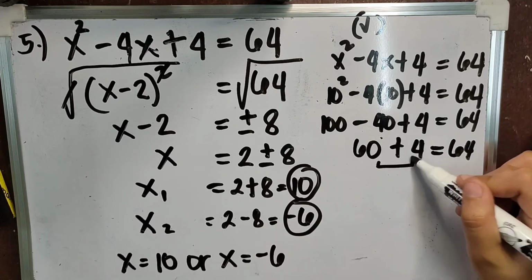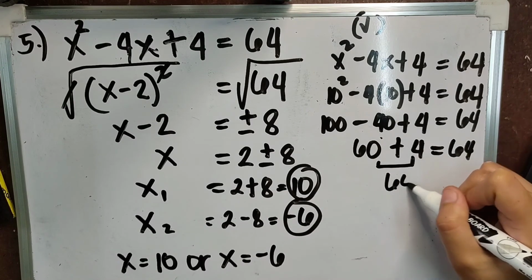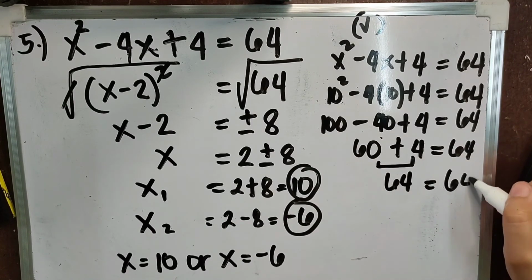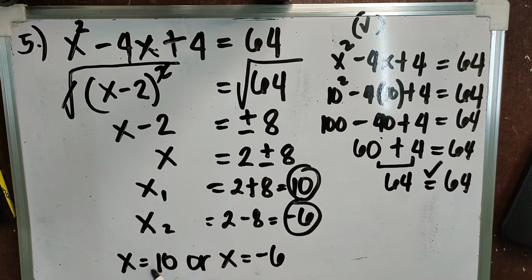We have 64 equals 64. Meaning the solution 10 is correct. And now please try to check if negative 6 is also correct. So try it on your own.